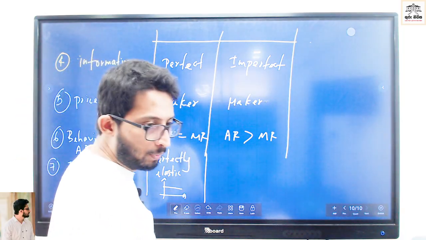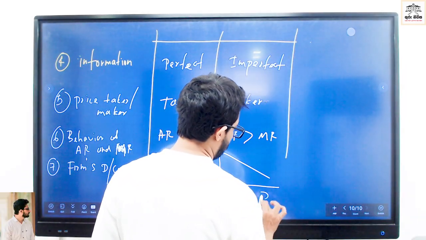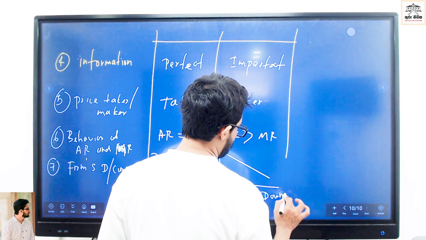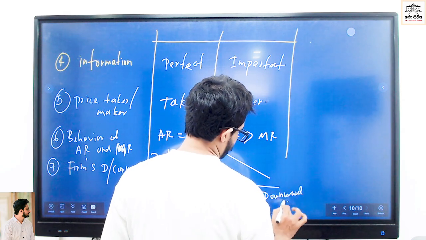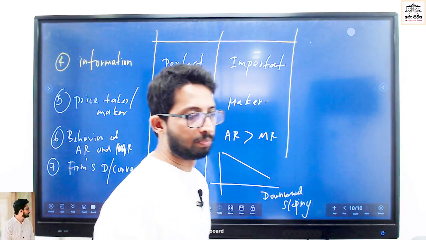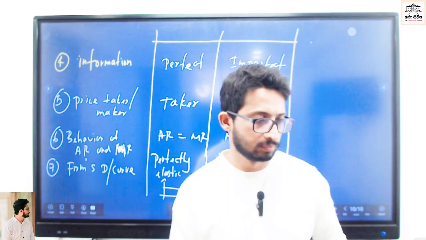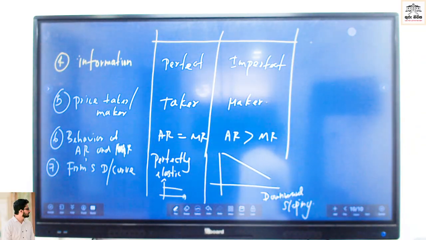In the monopoly market, the demand curve is a normal downward-sloping demand curve. Are you okay with this? Yes, sir. Okay.